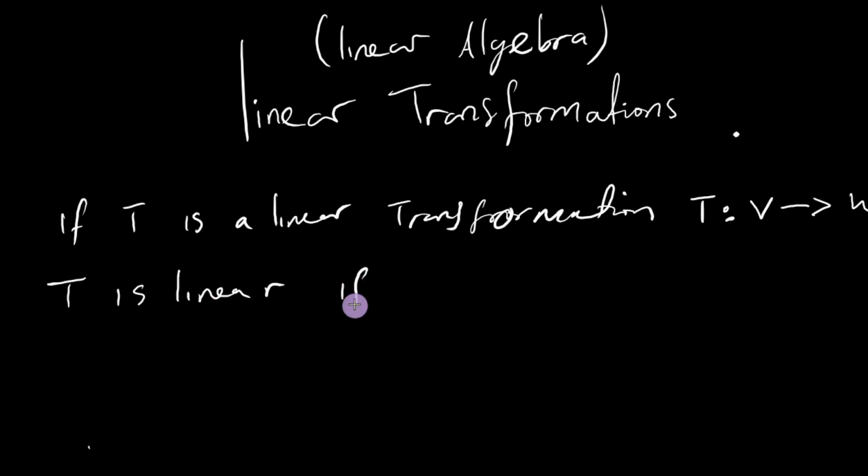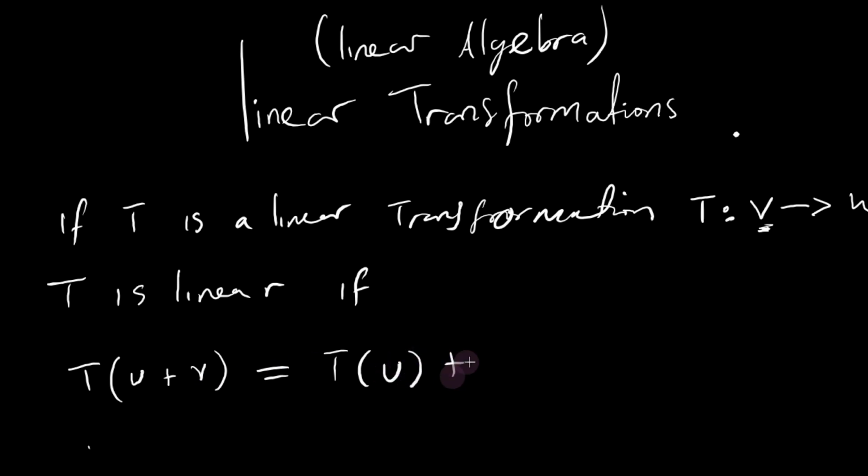T is linear if, when you add vectors in V, that is U plus V, and you transform them, what you get is the transformation of the individual vectors, transformation of U plus transformation of V. So we need to identify the object and the definition of the object, and we find vectors in that object, we add the vectors, then we transform them.